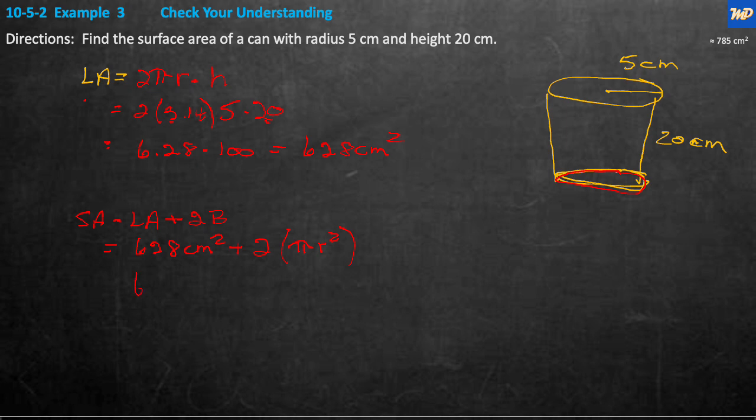Okay, so 628 cm squared plus 2, and what is r squared? I'm going to write it out. 2 times 3.14 times 5 squared is 25.